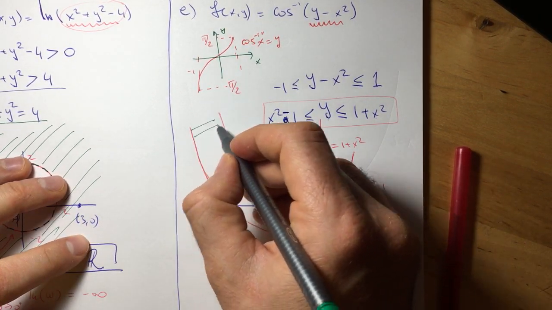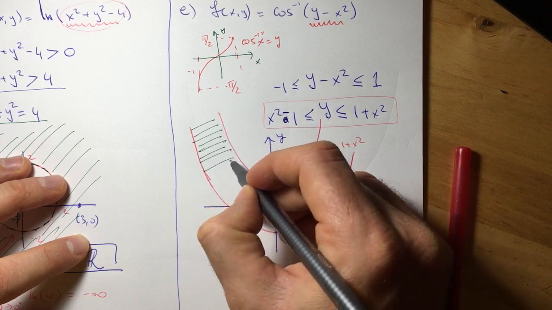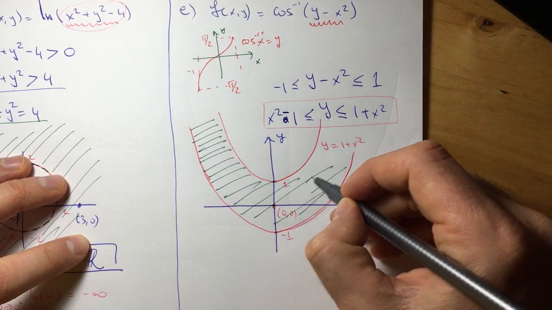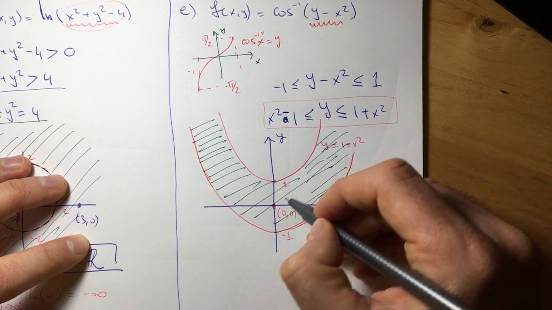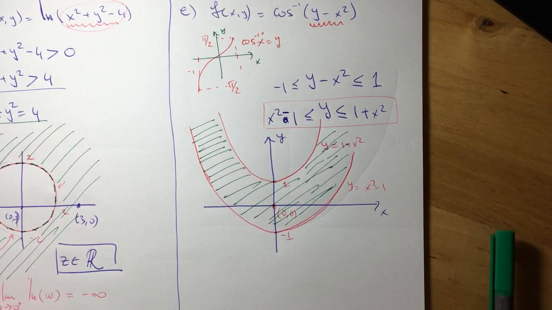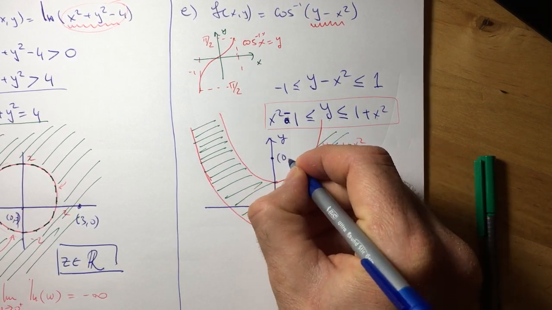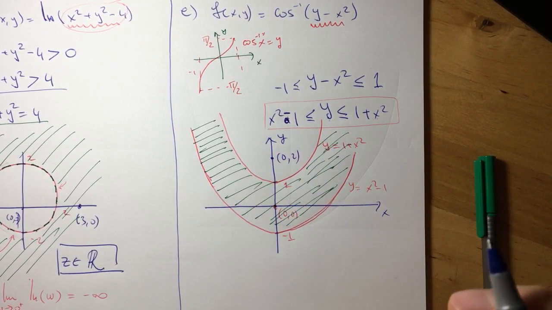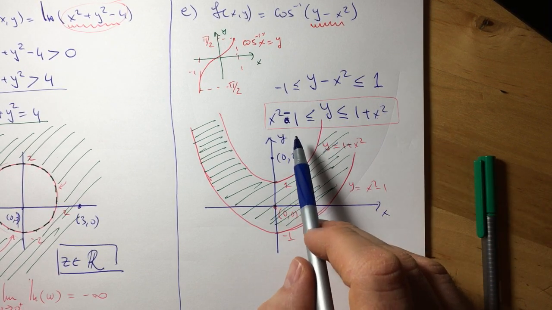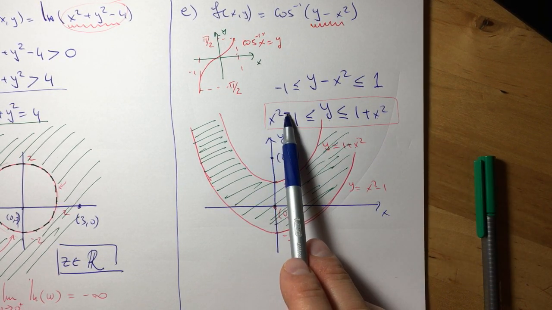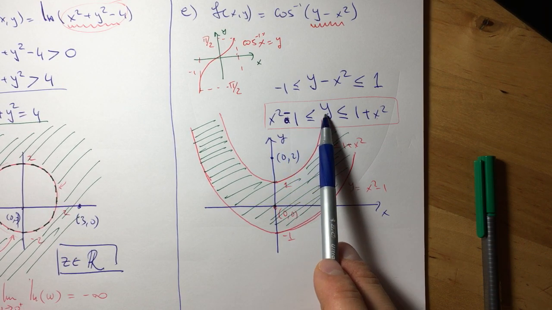So this point satisfies both inequalities. That means this is going to be the domain. You can make sure, if that's the case, by checking whether the point 0, 2 satisfies this inequality. 0 minus 1 is less than 2, right?